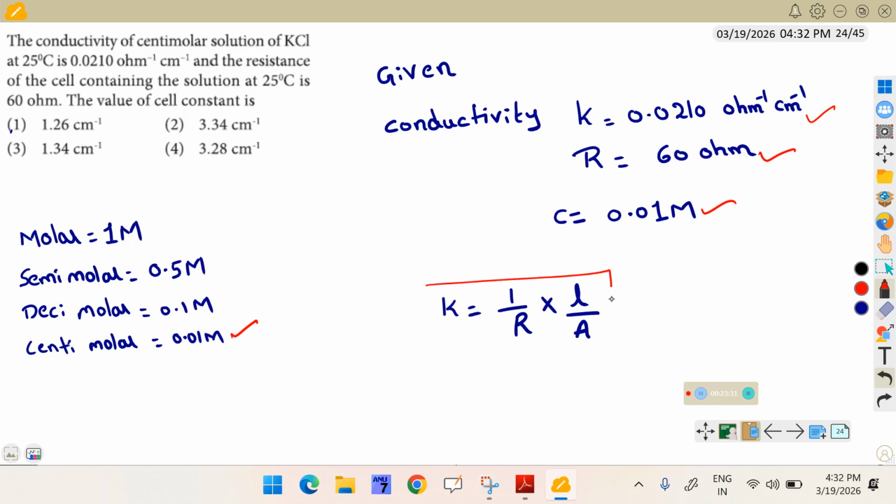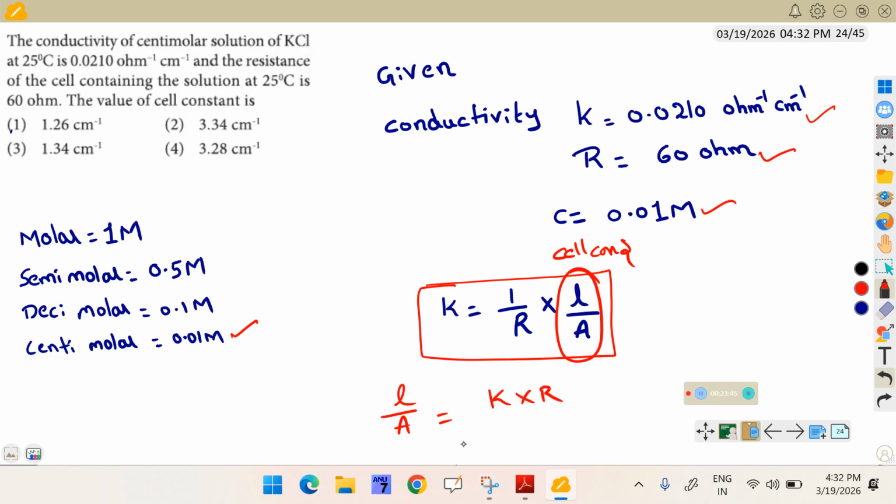K is equal to 1 by R into L by A. Here L by A represents the cell constant. So L by A is equal to K into R, 0.0210 into 60. Simplify, then you will get 1.26.